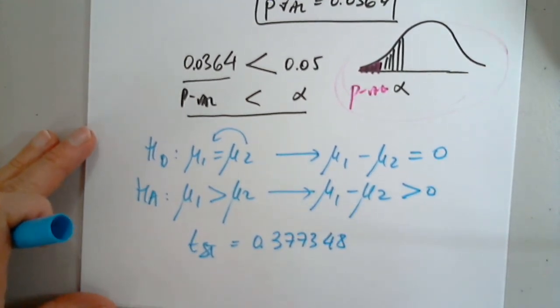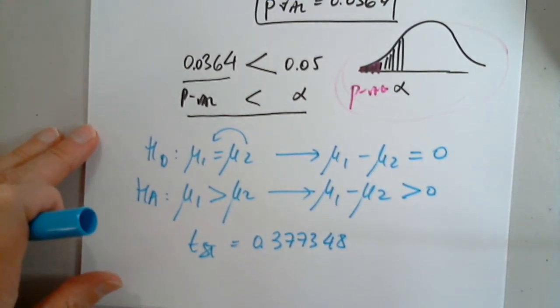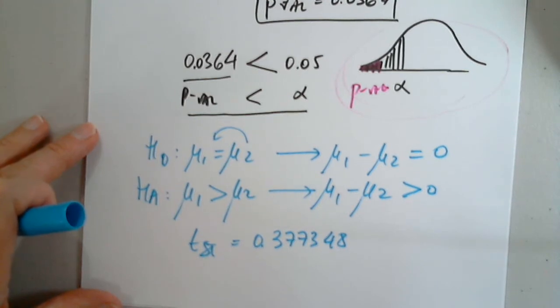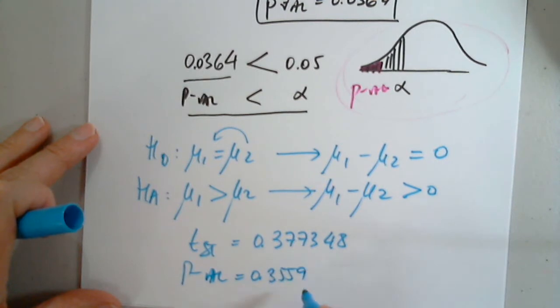We don't need that many. The critical value is if we calculate by hand. I just wanted to see it. That's the t critical value, and not the t statistic coming from the sample, but the t critical value for the number of degrees of freedom. Okay, so we only need the p-value, which is 0.3559.